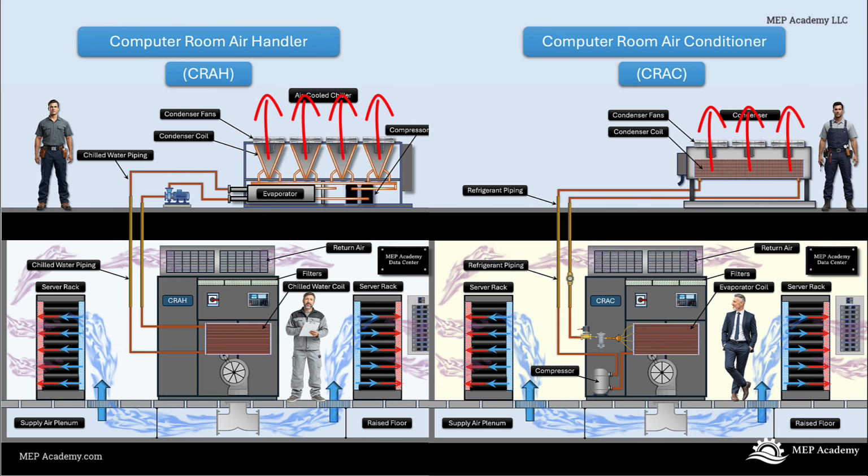They are also common in smaller data centers, edge facilities, and retrofit projects where simplicity and speed of installation are important. But air-cooled systems also have disadvantages. They are generally less energy efficient than water-cooled systems, especially in hot climates. As outdoor temperatures rise, the equipment has to work harder to reject heat into the already hot air. That increases energy consumption and can reduce cooling efficiency.